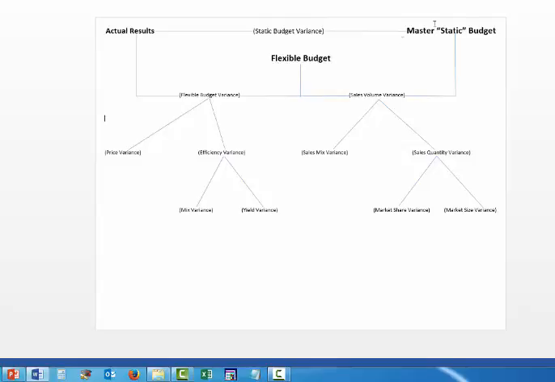All right, so we're going to use the actual quantity times the standard pricing, the standard inputs, the standard quantity allowed that we used in our planning when we put our master static budget together.